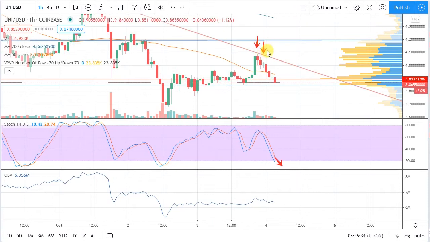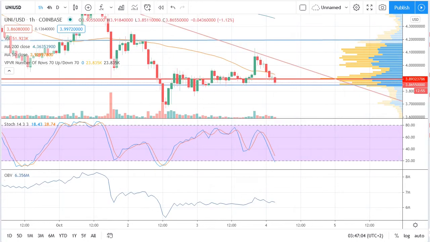We just got one little bitty green doji hiding here. We have 1, 2 red candles, 3, 4 red candles. There's another little green doji and then another one here. So the doji is indecision, but clearly momentum is going downwards. Now, we did hold on this base here that I have at $3.86. So it did nicely touch down at that base. So maybe it will hold here and maybe it won't.